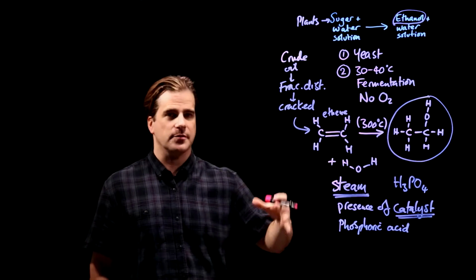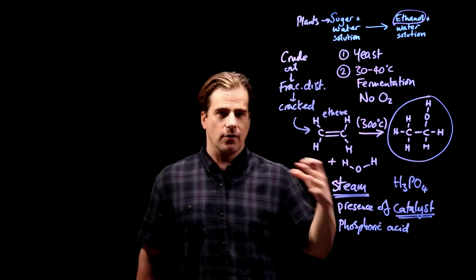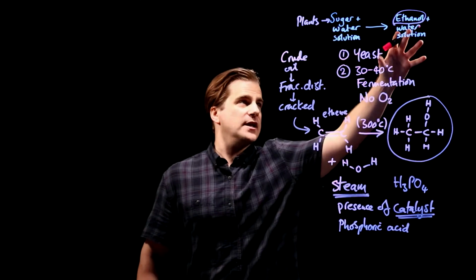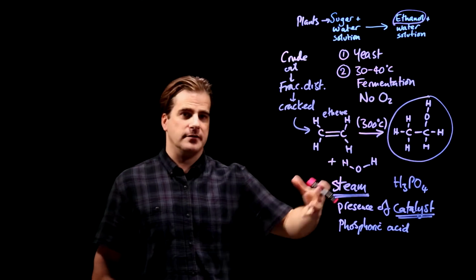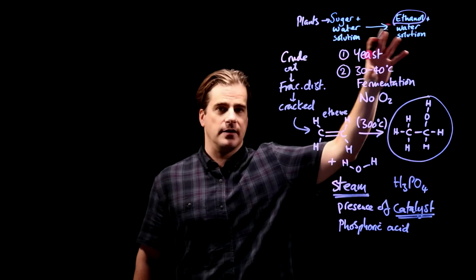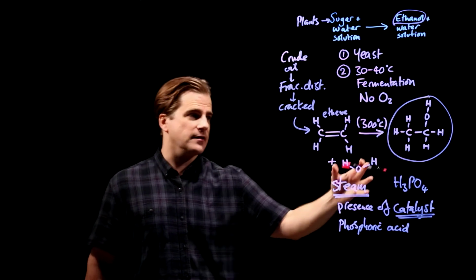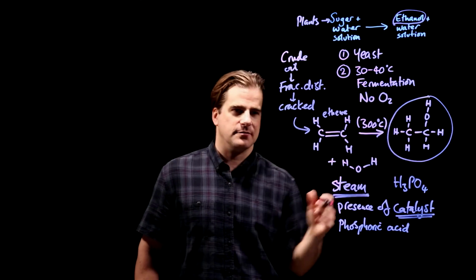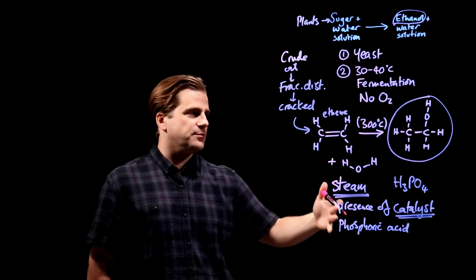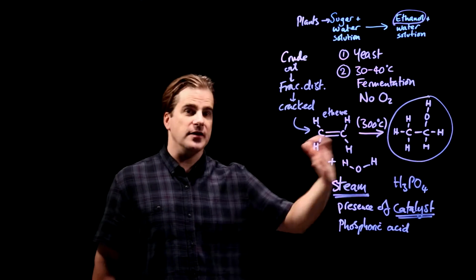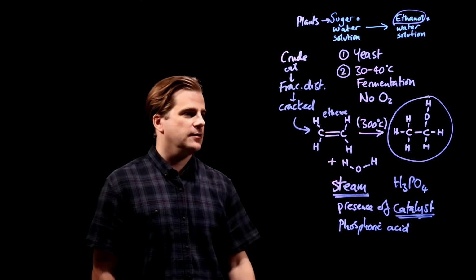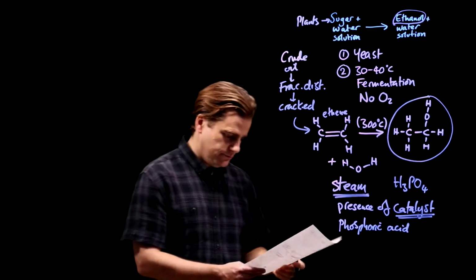That means it has to be stopped and started. You set off 1 batch, when it's finished, you stop it, and then you can isolate the ethanol. Whereas this is continuous, it's always running, and the ethanol is effectively just being continuously produced. Okay.